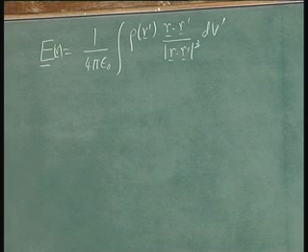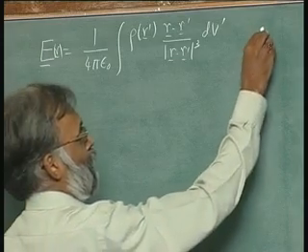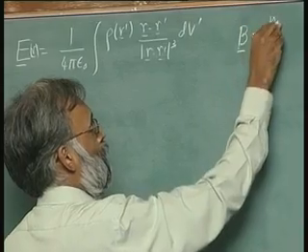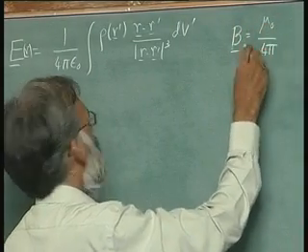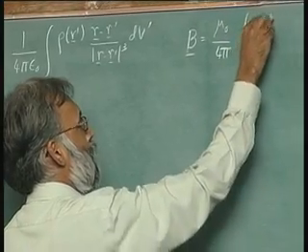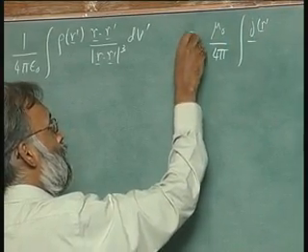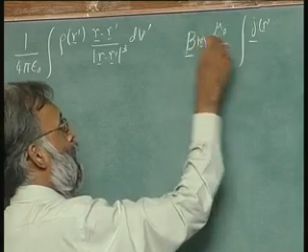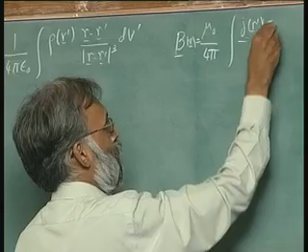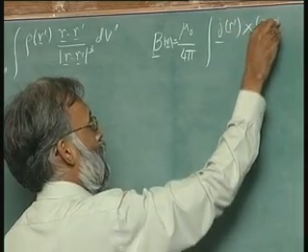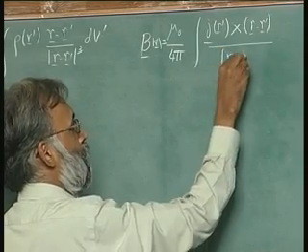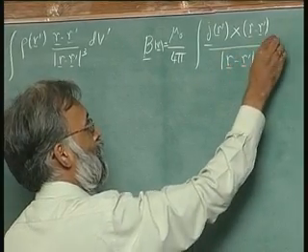If I write the same equation for magnetic field, we have the magnetic field is equal to mu naught over 4 pi volume integral j of r prime, and this B is B of r, j of r prime cross r minus r prime divided by |r minus r prime| cubed.